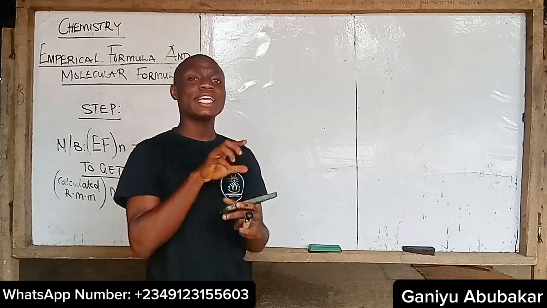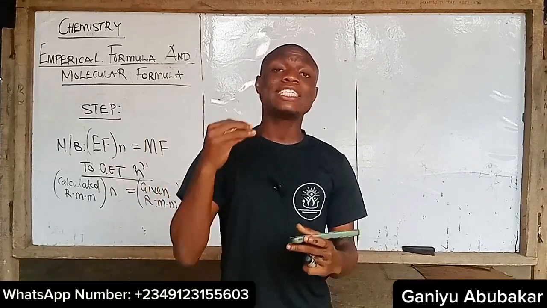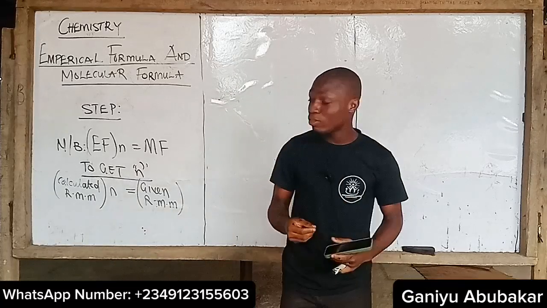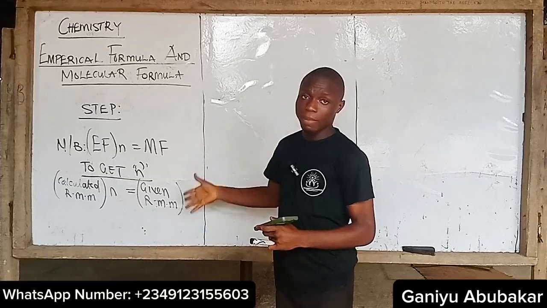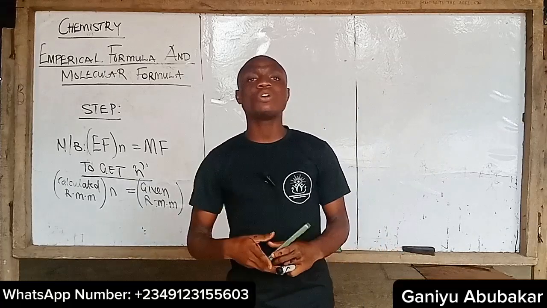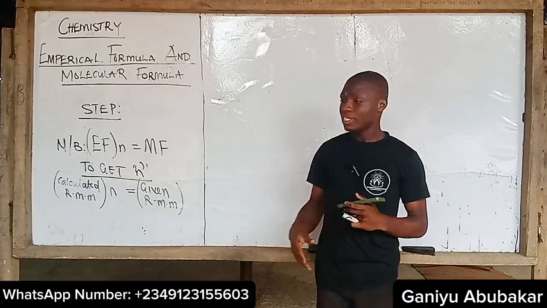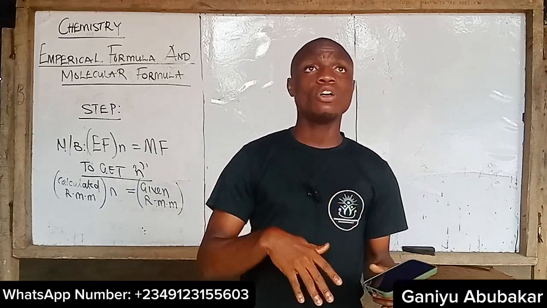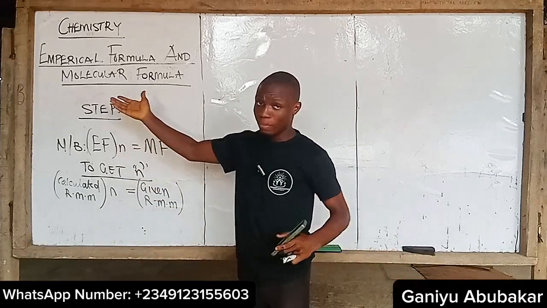So it means that in a question whereby I'm told to calculate the molecular formula, I'm expecting that in that question they must give me a value for relative molecular mass. All right, at this point, also know that there's another formula for calculating molecular formula.